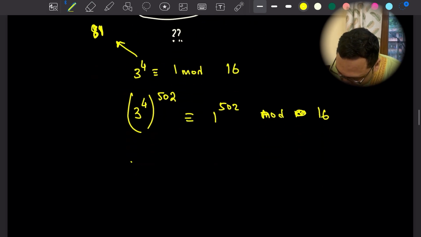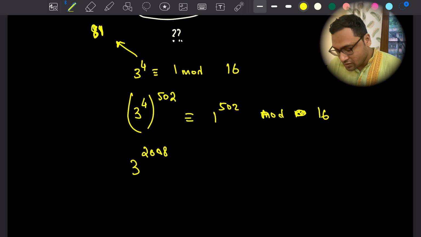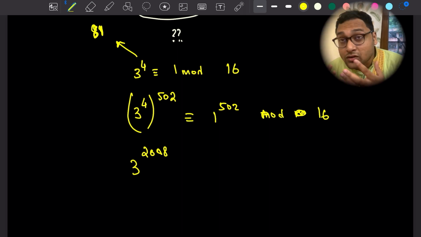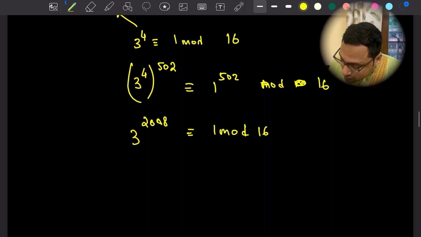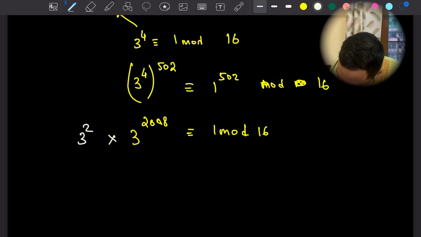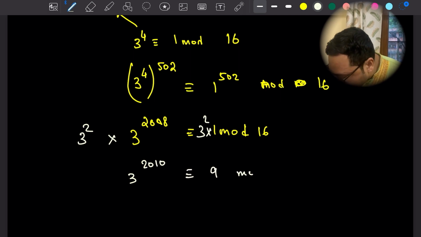So 3 to the power 2008, since 4 times 502 is 2008, is congruent to 1 mod 16. And you can multiply both sides by 3 squared. So 3 to the power 2010 is congruent to 9 mod 16.